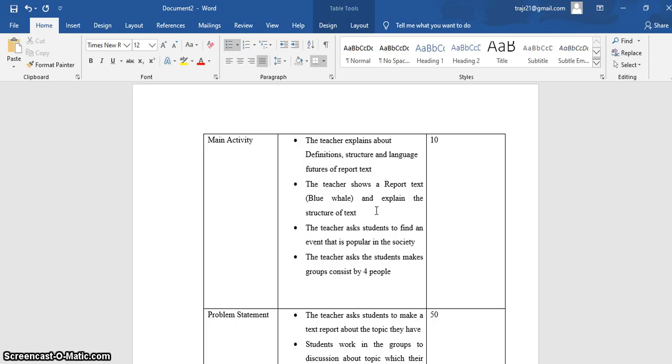And then the teacher asks the students to make groups consisting of four people, to make it easier for students to learn in the group.